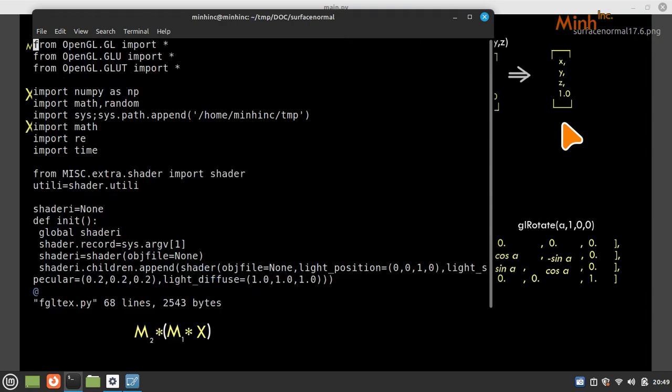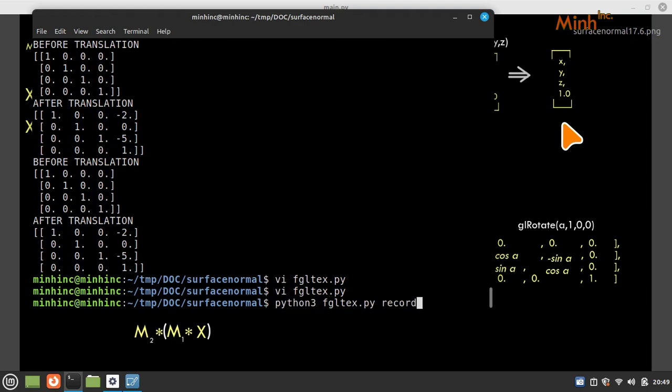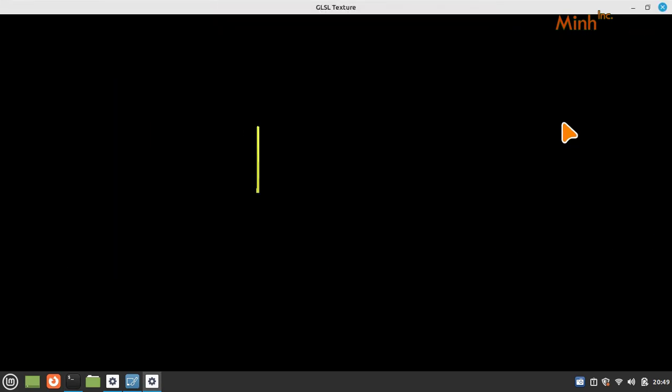Let's see. I think glTranslate will give it minus 15, so it should be nicely visible. It should be translated. Can we see? At the beginning it is translated and rotated. So first it is rotated, then translated.